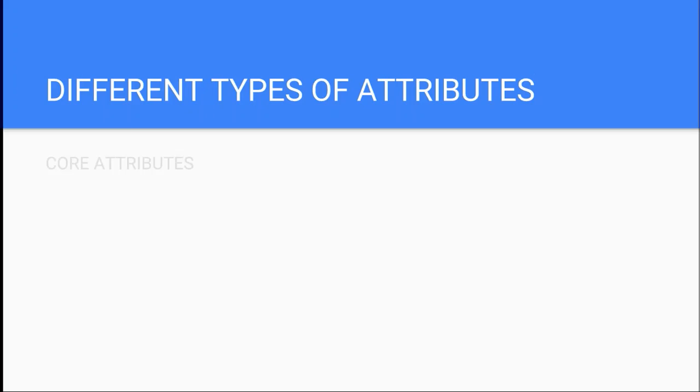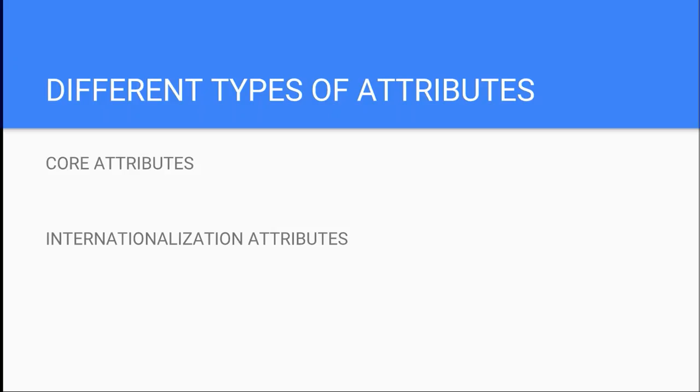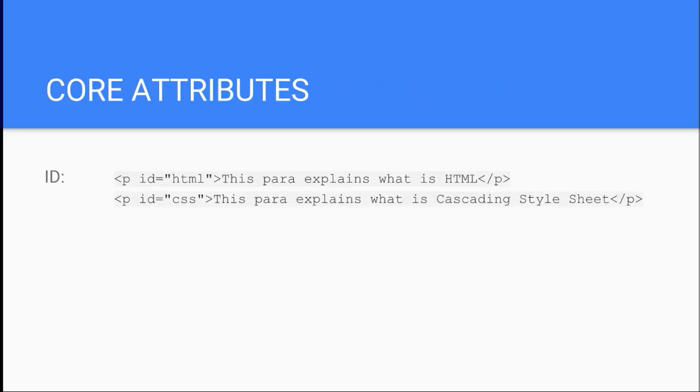What are the different types of attributes? There are three different kinds of attributes. One is the core attribute, the other one is the internationalization attribute, and the third one is the generic attributes. Let us discuss the core attributes. The core attribute is an ID. ID means identification.